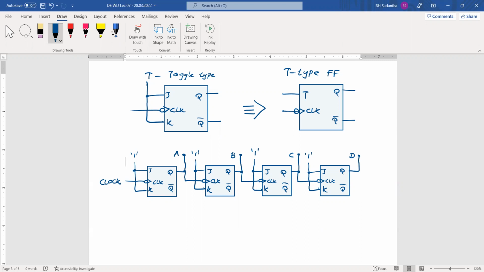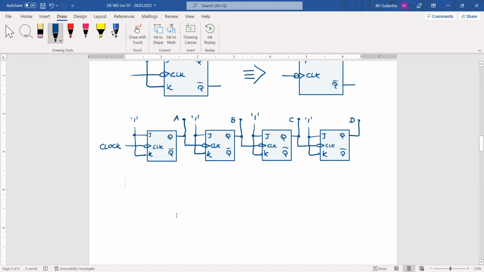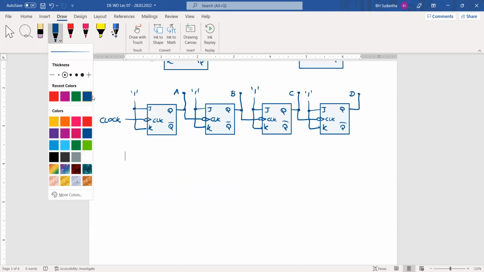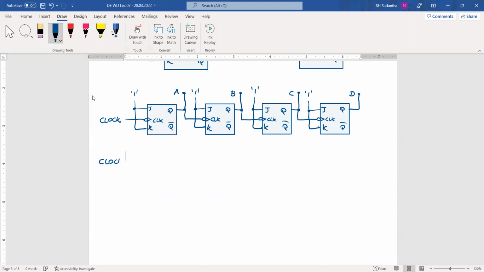Then, as in the earlier case, this time also we are giving this clock input pulse train to the clock input, something like this.